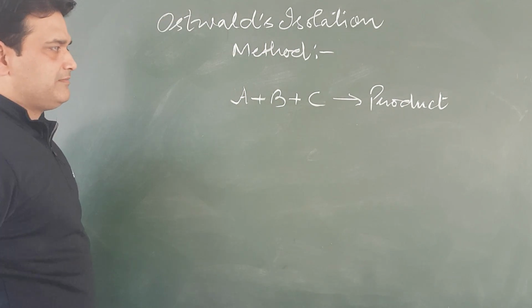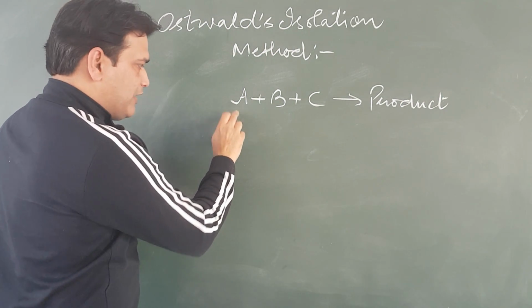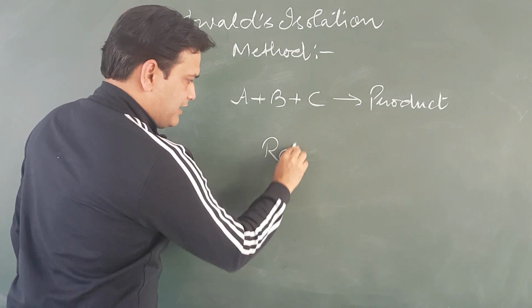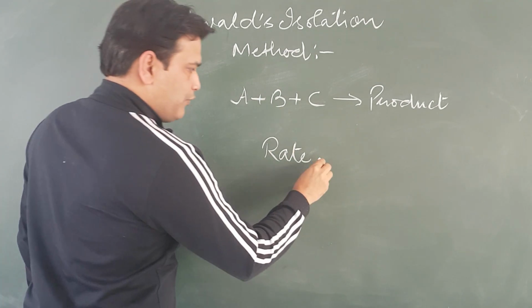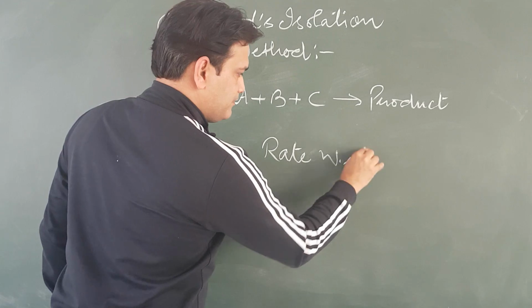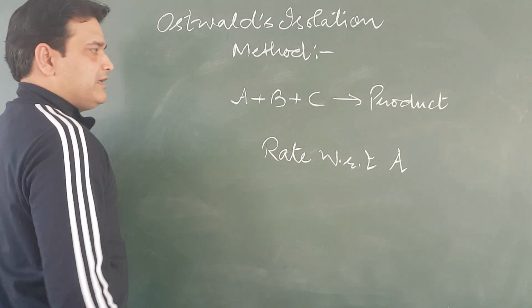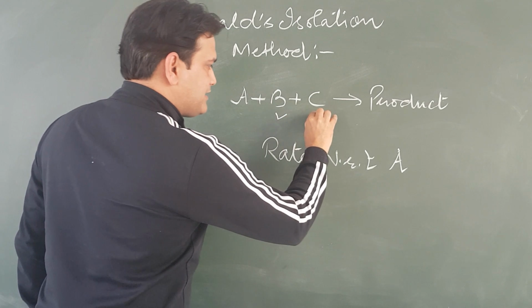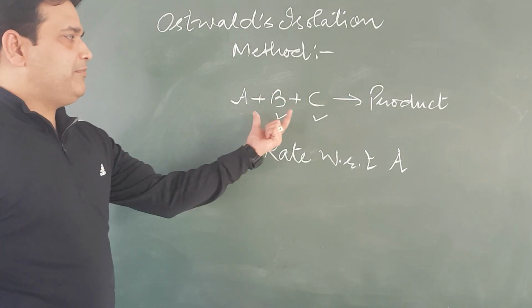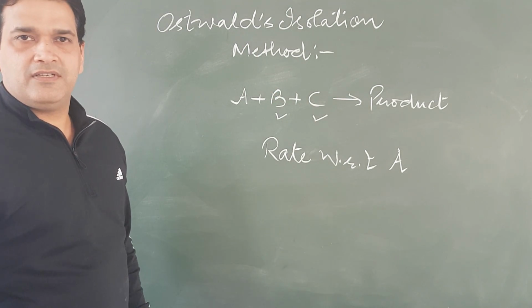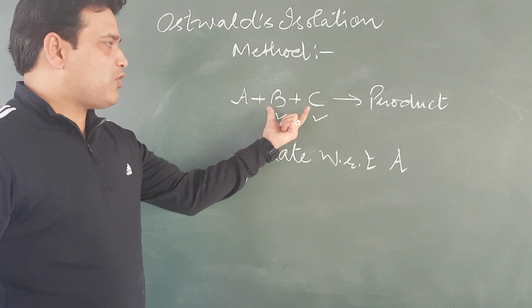In this method, if we want to calculate the rate with respect to A, then B and C will be kept constant. And how are they kept constant?